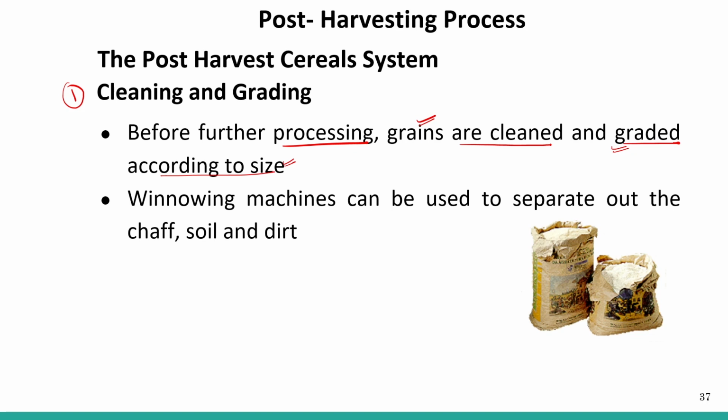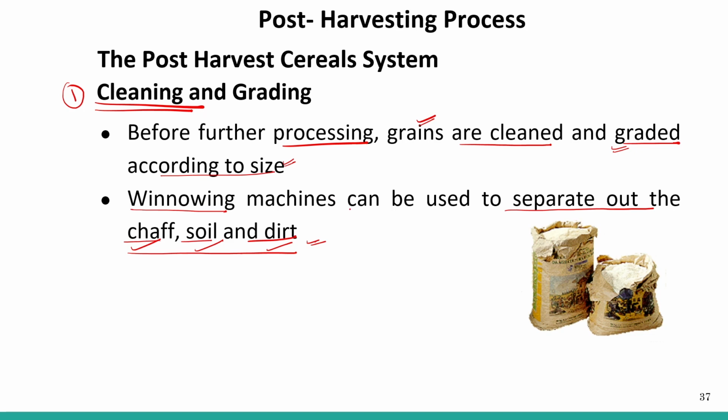And before that, we are also removing the chaff, soil and other dirt that are present along with the seeds. With the help of winnowing machines, we can separate out the chaff, soil and the dirt. So all these things are removed. That is called cleaning of the grains, right?